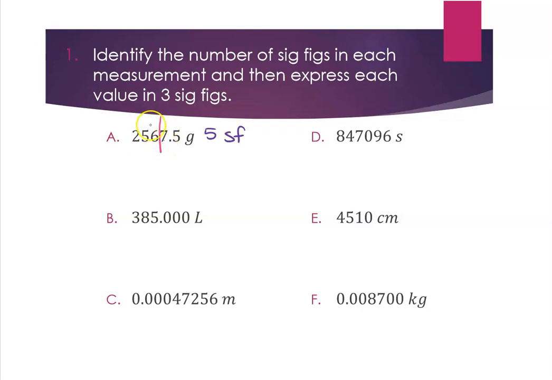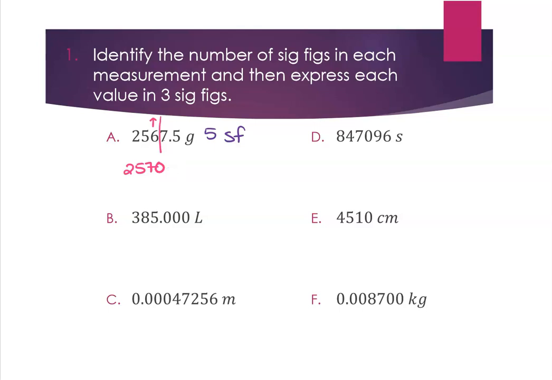And then this 7 means that the 6 rounds up. So this is going to be 257. However, my value here is 2000, so my value here also needs to be 2000. If the decimal place gets cut off when you are doing your significant figures, you have to add placeholder zeros to take you to the decimal. We do not put a decimal place there because that makes the zero significant.